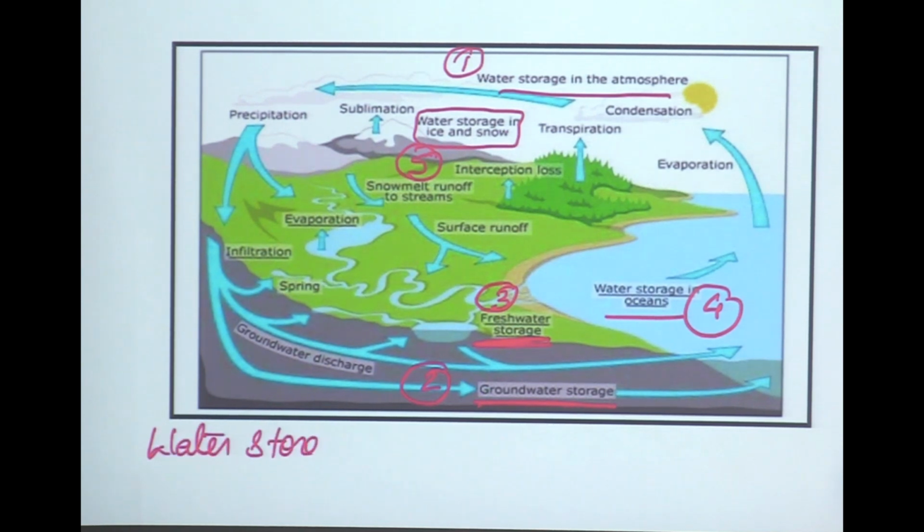Water storage is correlated with 5 areas. Focusing on our diagram again, which are the storage of water in atmosphere, in groundwater, in fresh water, in oceans, and also in snow and ice. Now, if you just try to take reference of it, water from the ocean is readily getting evaporated.